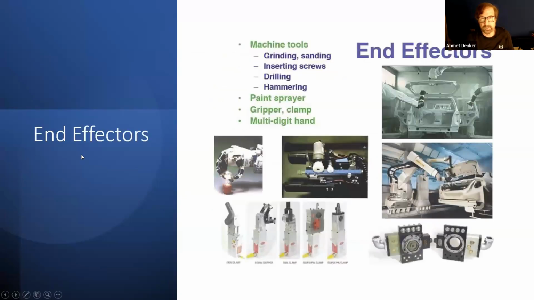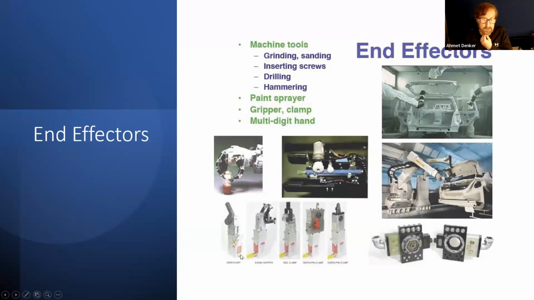And at the end effector, we have hands. This one here you see is very similar to a human hand with fingers. But we can have many different types of hands. That's why a more common name, end effector, is used here.